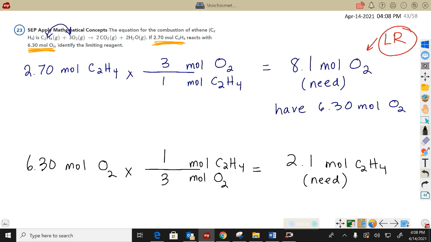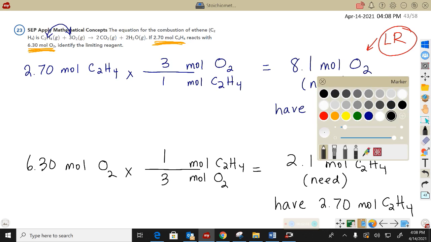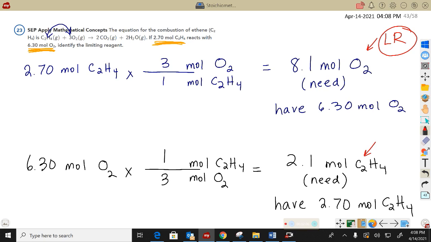So if I want to react 6.3 moles of oxygen, I need 2.1 moles of the C2H4. So then I just look back up at the equation or the initial data given. I have 2.7 moles. So if I have more than what I need, I have extra, then I just found the excess reactant.